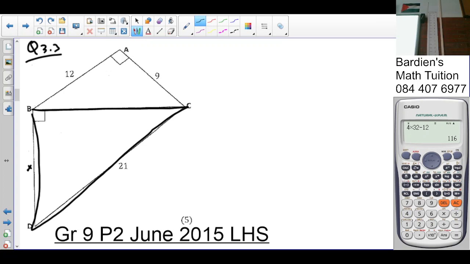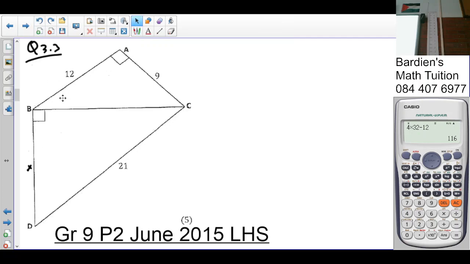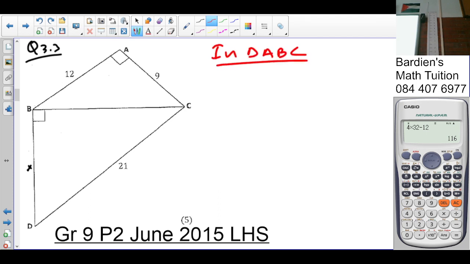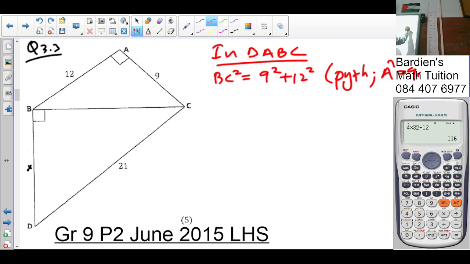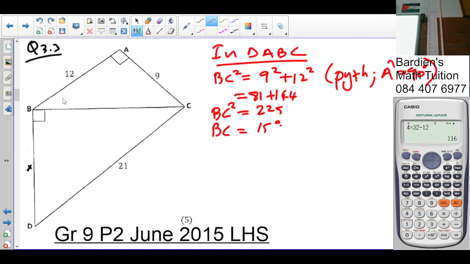Because I'm short of BC. However, I can calculate BC in the other triangle. Not so? So in triangle ABC, what can I say? That BC squared is equal to 9 squared plus 12 squared. Why? It's Pythagoras with angle A equals 90 degrees. So that's 81 plus 144, which is 225. Check. So BC is going to be 15 units.